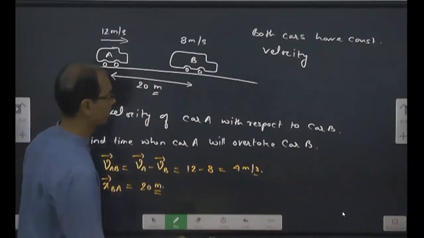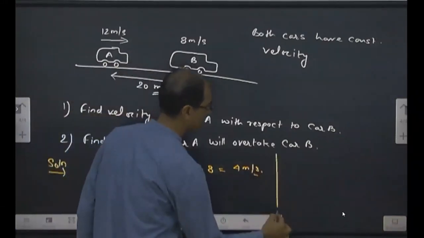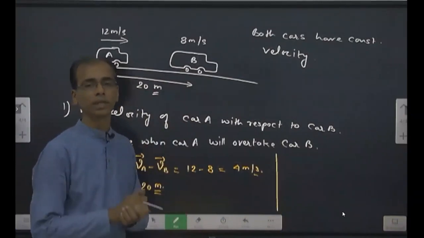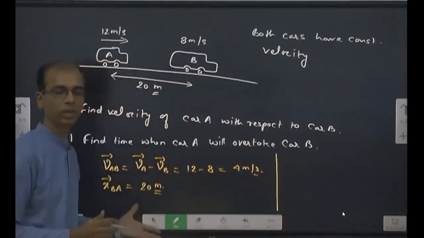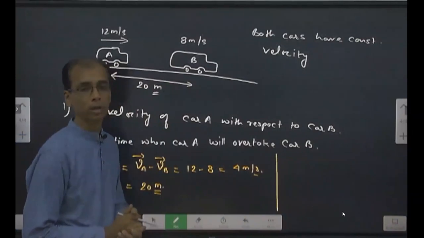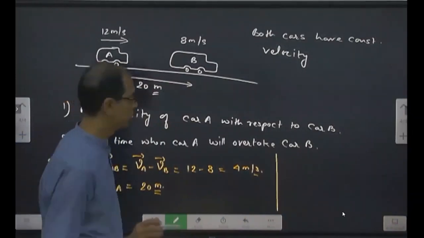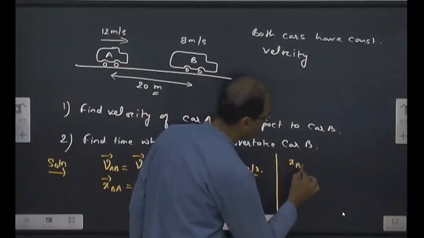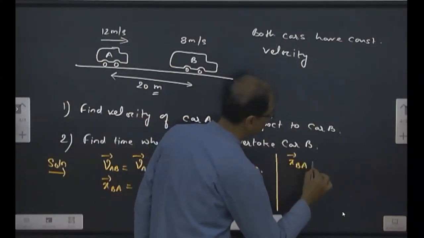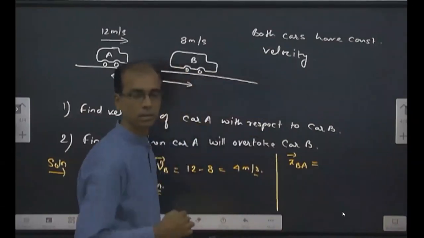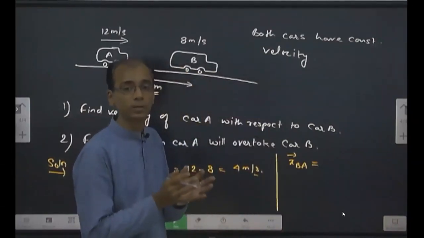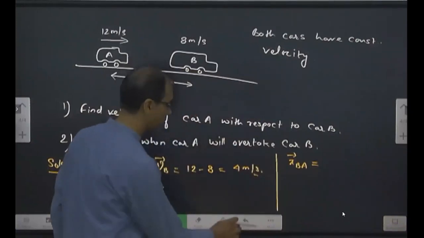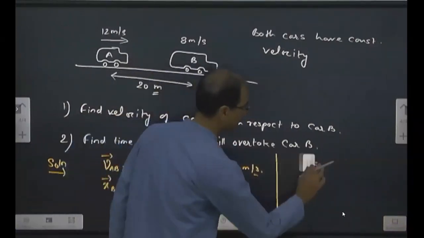Now what? Now we have to see how much more A has to travel as compared to B. This XBA is there, 20. But how much more does A have to travel? 20 meters. So I'll be writing like this. XBA, that means the displacement of A with respect to B. Write it that way only, otherwise you will get confused.